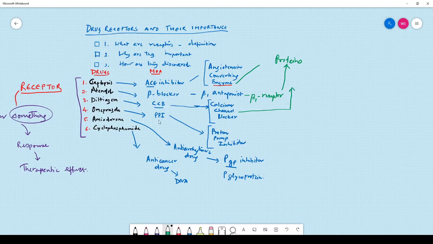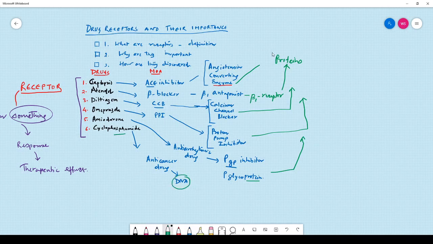Omeprazole acts on the proton pump. What is this proton pump again? It's a protein. Amiodarone acts as a P-glycoprotein inhibitor. So here again it is a protein. Cyclophosphamide acts on the DNA.